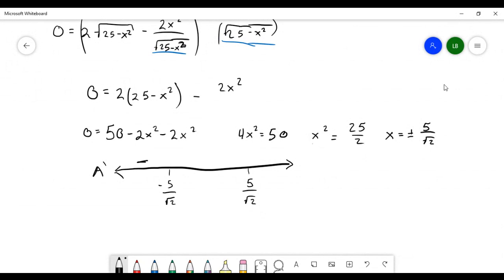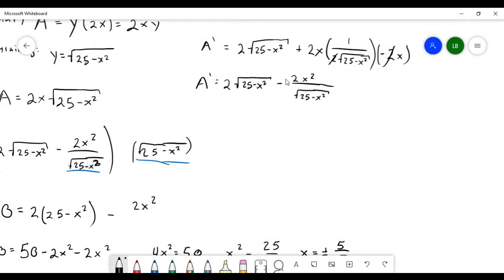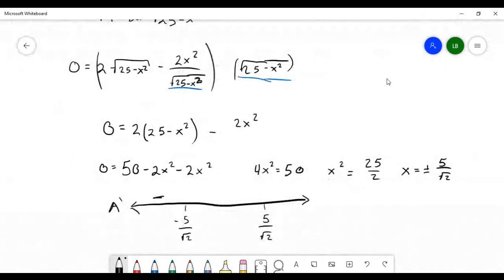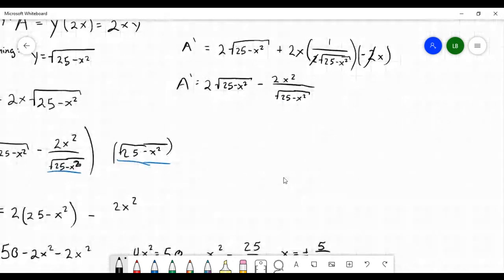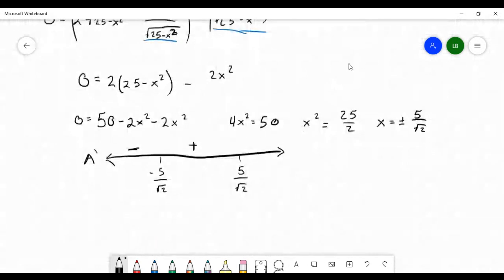And then if we plug in 0 for our first derivative, we would get 2 times 5 minus 0, which is positive. And then again, if we plugged in a positive 4, that would again get us a negative number.